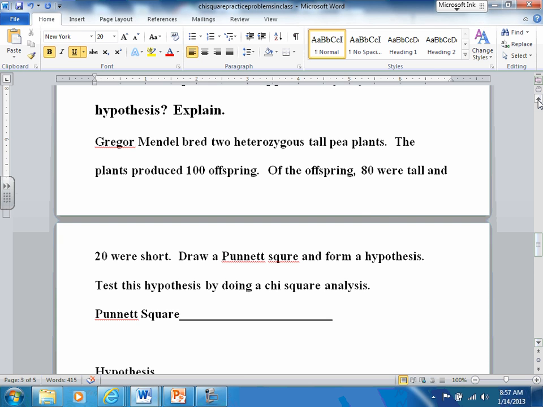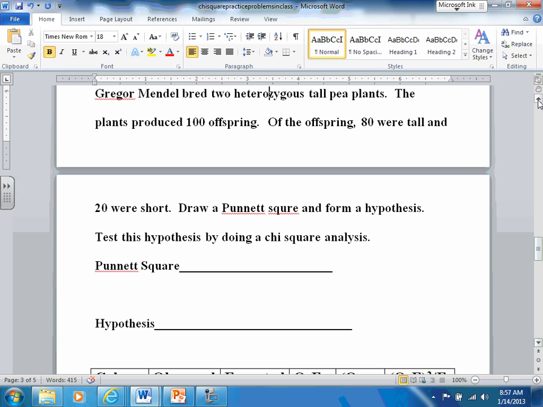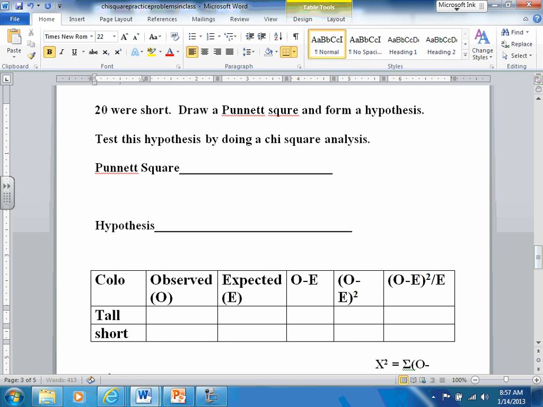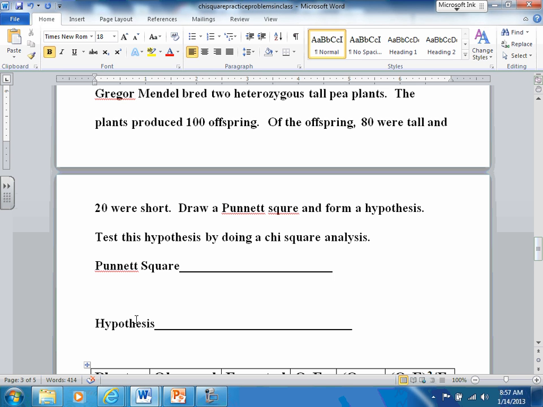So let's look at what we need to do here. Let's see if I put a table in here. Yeah. So we counted. Did I not change the numbers in here? Oh, yeah. Let's change that. Yeah. Plant height. There we go. So we counted 100 peas, and it told us that we actually got 80 tall and 20 short in the problem.